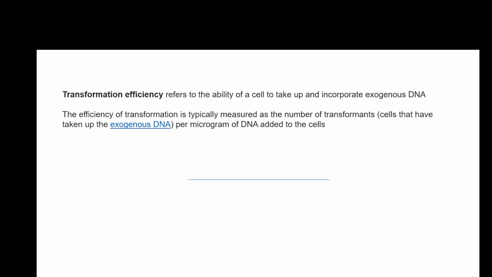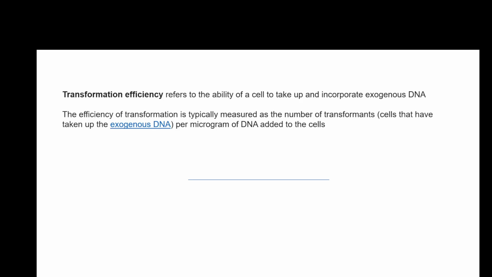Bacterial transformation is where we use bacteria and transform the cells. Naturally, a few bacteria have the ability to take up foreign DNA. Those are the competent bacteria. Otherwise, in the laboratory, we have to make the bacterial strains competent.